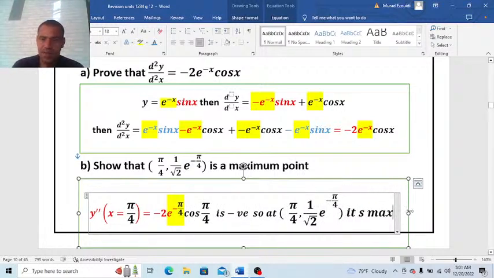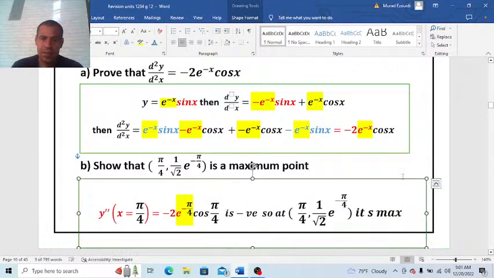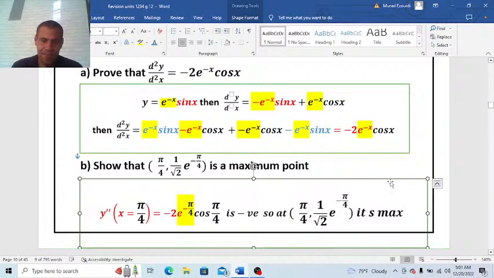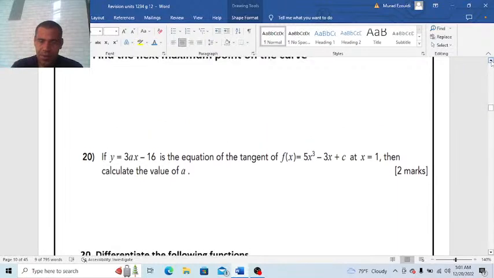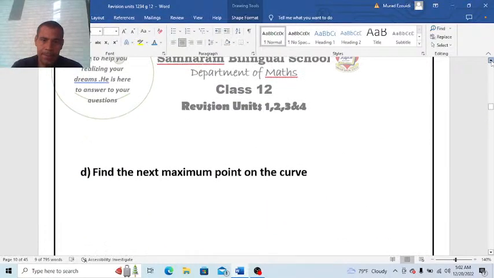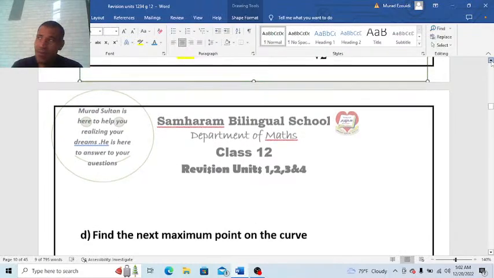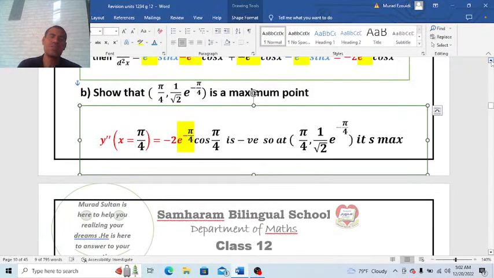Let's see the answer for this question. Okay, this is the first stationary point, which is a maximum point.